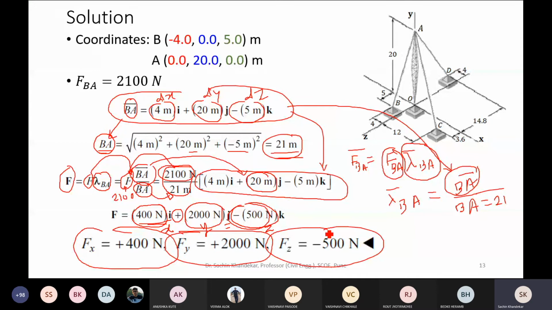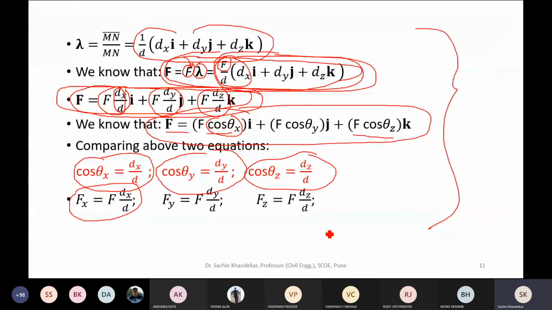Sometimes it may be asked to find out the direction cosines also. So how will you find out the direction cosines? Already I have given the formula. See here. That means the value of cos of theta x, and hence the value of theta x, then theta y, and theta z also.